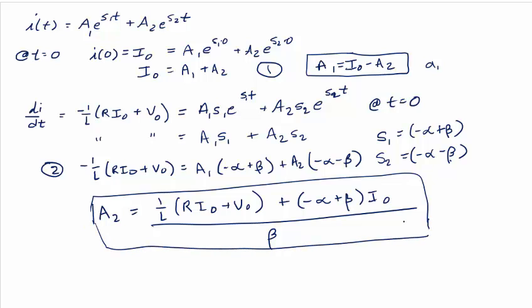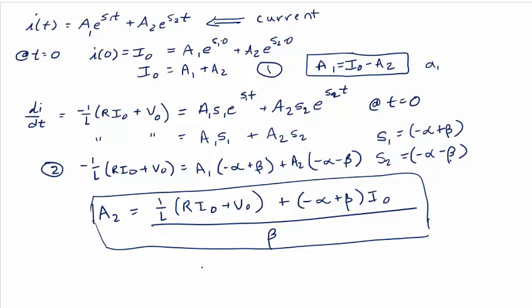So that's the second coefficient of our final solution for the current, which is right here. That is the current in the loop. We know what S1 is, we know what S2 is, and now we know what A2 is, and we know what A1 is. So we now have the solution fully defined.